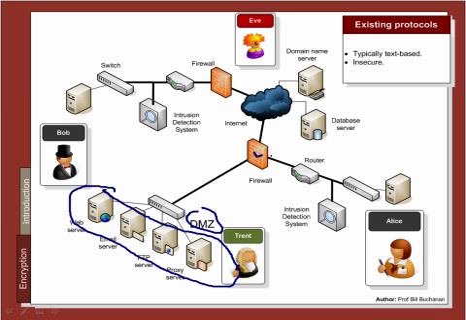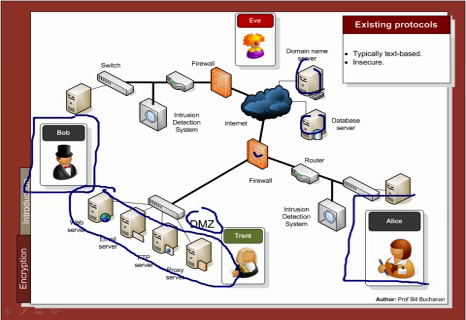We have firewalls, servers, and so on. Along with this, we have many different protocols which are running. And the key objective is to make sure that Bob and Alice can communicate securely without Eve viewing the communications or modifying them in any way.